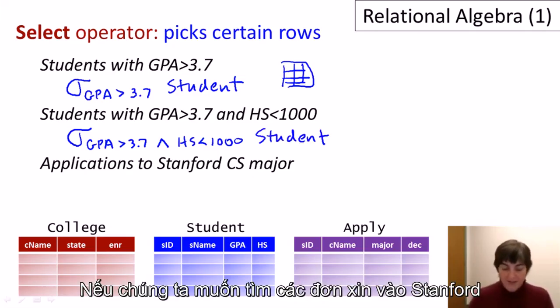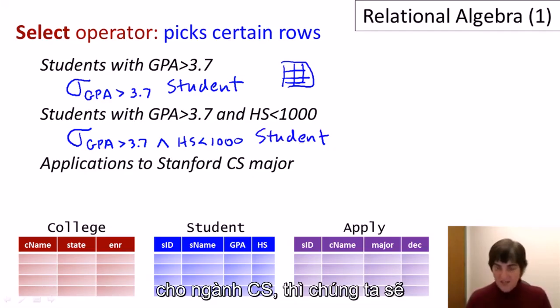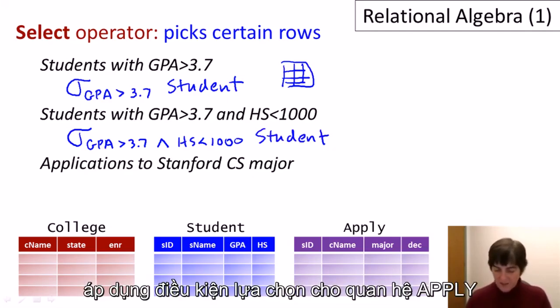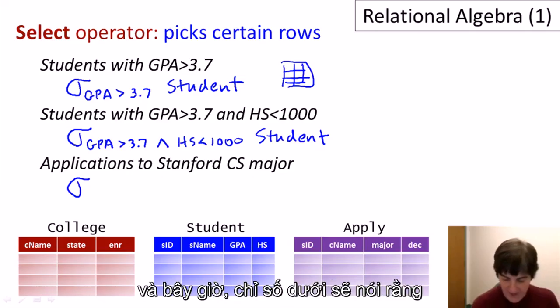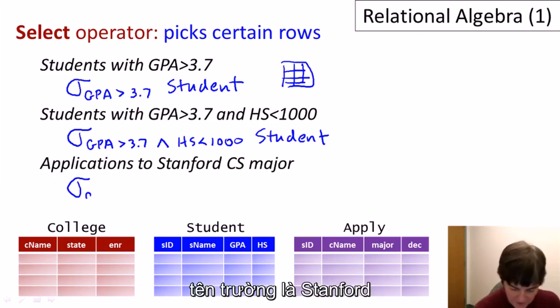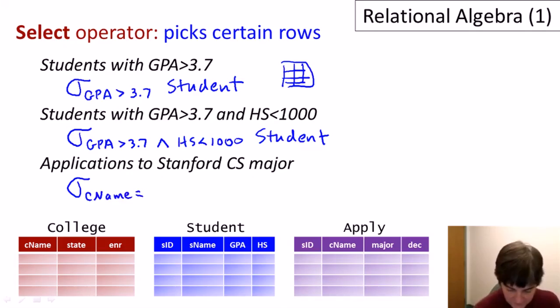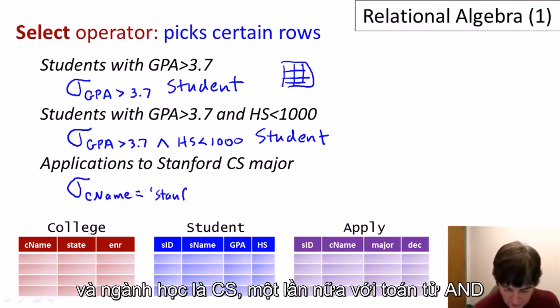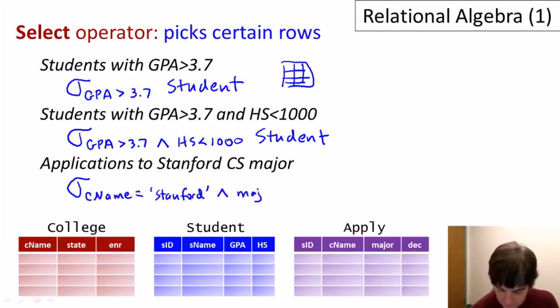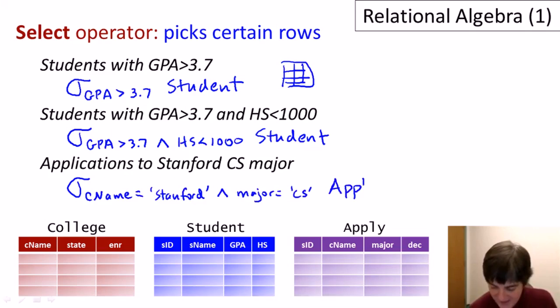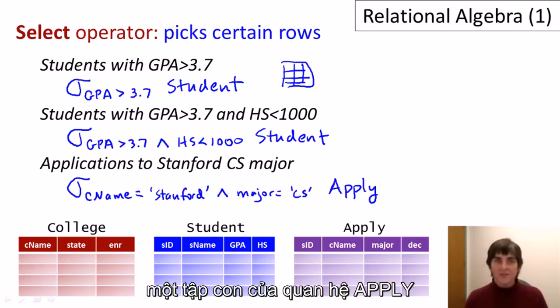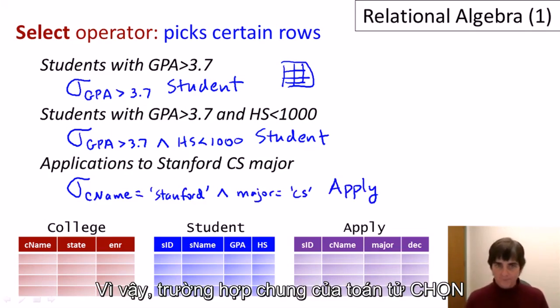If we want to find the applications to Stanford for a CS major, then we'll be applying a selection condition to the apply relation. Again, we write the sigma, and now the subscript is going to say that the college name is Stanford, and the major is CS, again, the AND operator, and that will be applied to the apply relation. And it will return, as a result, a subset of the apply relation.